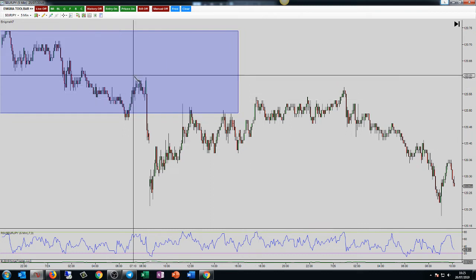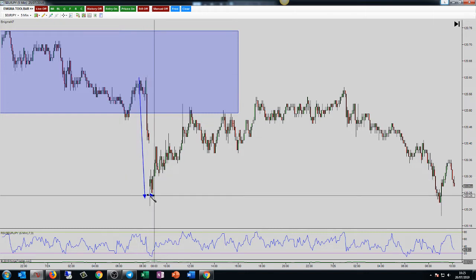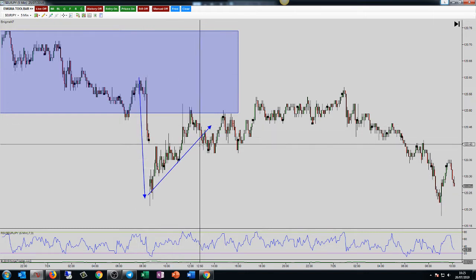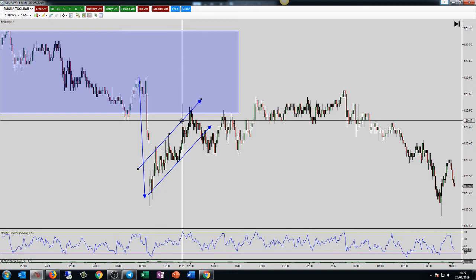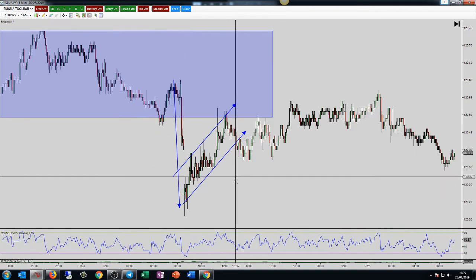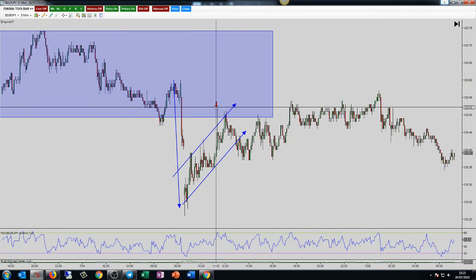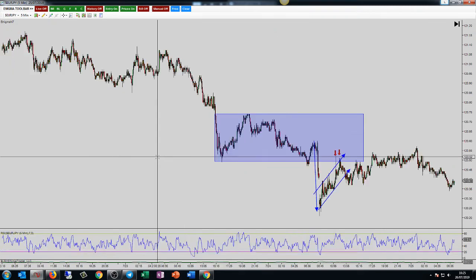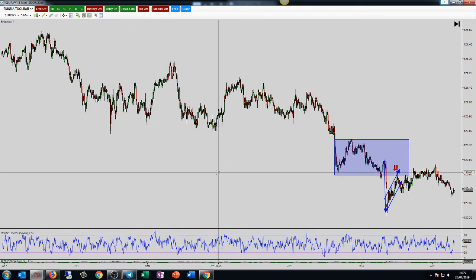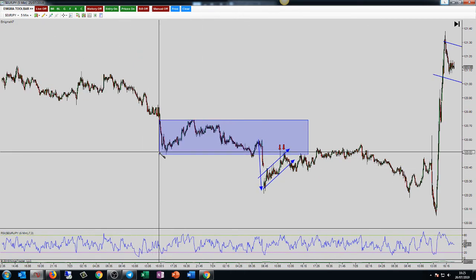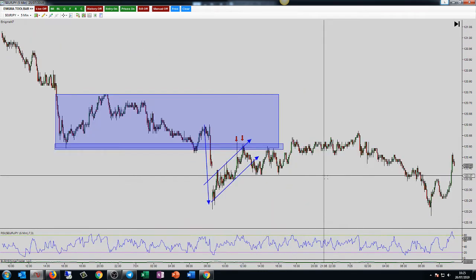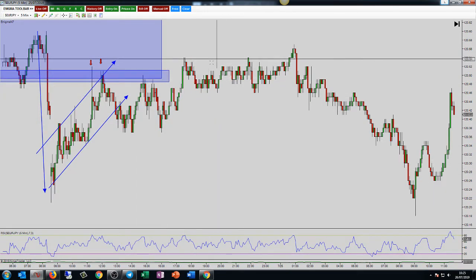But anyway, before I delete this information off, this was the flag that we were in. It was something like this. I think it was on the 5 range actually. And what happened is the market came up and double topped. It double topped within the wicks just here. And then the market came up and just stopped us out.